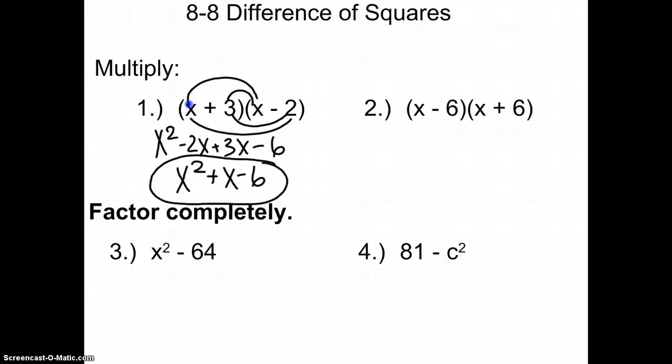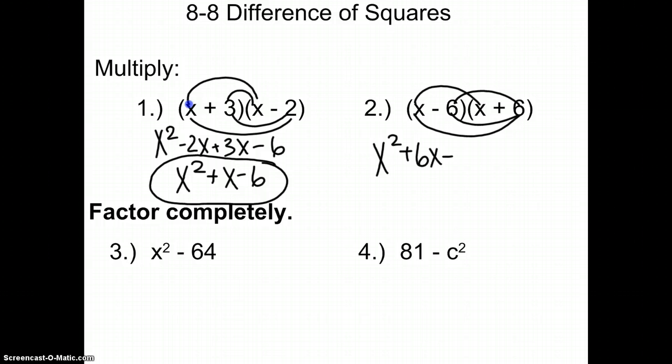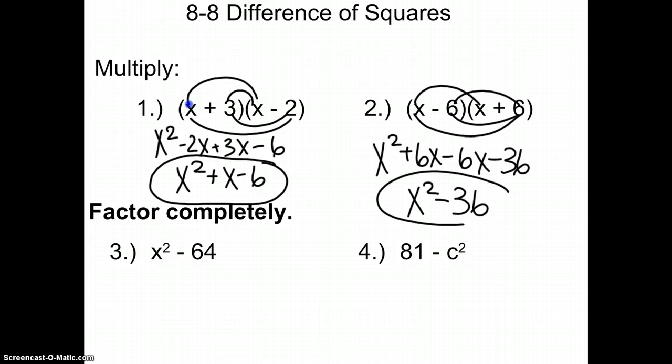If we look at number 2, we want to do first, outer, inner, last again. So we have x squared plus 6x minus 6x minus 36. And simplifying, we're left with x squared minus 36.